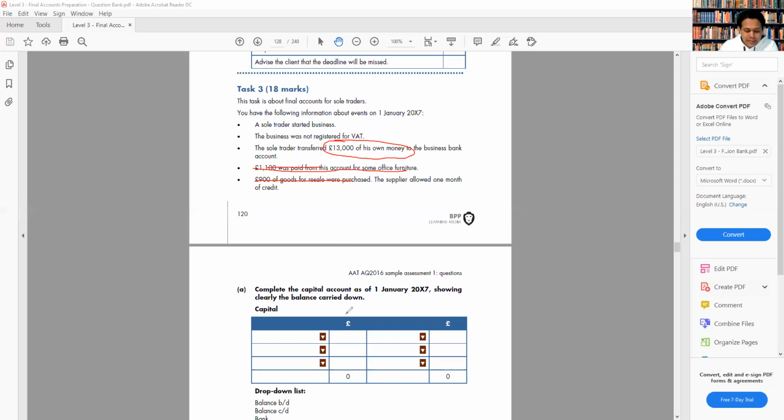So the opening balance for the capital. And where did you give this money? You gave it to the bank. Bank 13,000. The total is 13,000, and the balance c/d is 13,000.